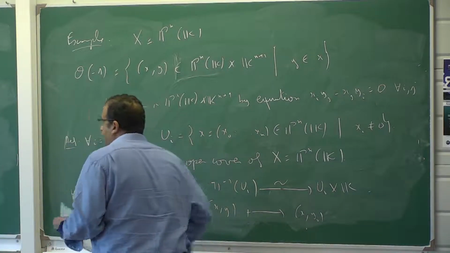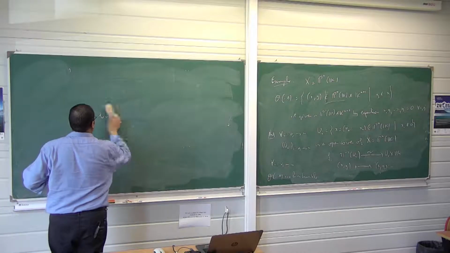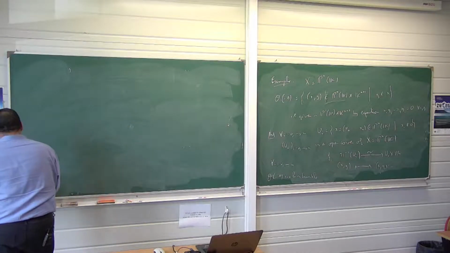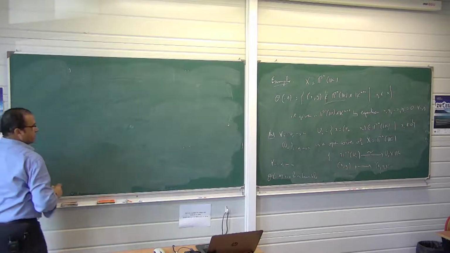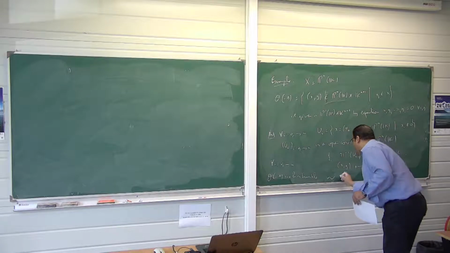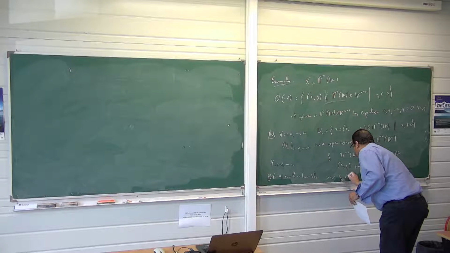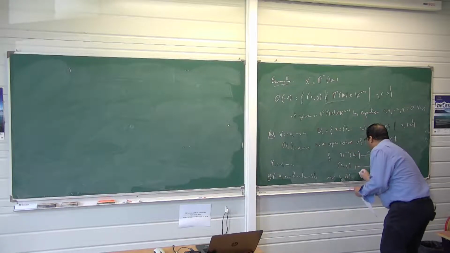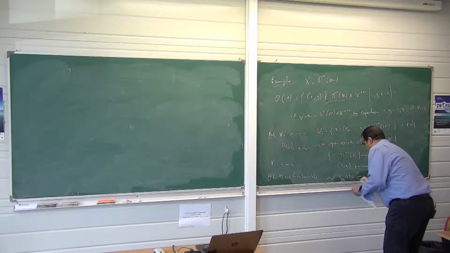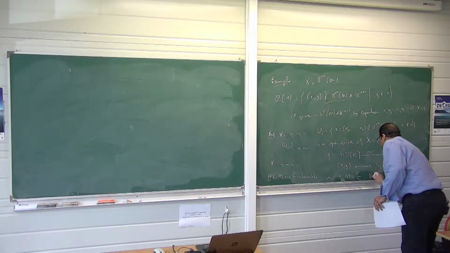And by using the tensor product, we define more bundles. You can verify that the transition functions in this case are given by g_ij(x) equal to x_i divided by x_j for any i, j.